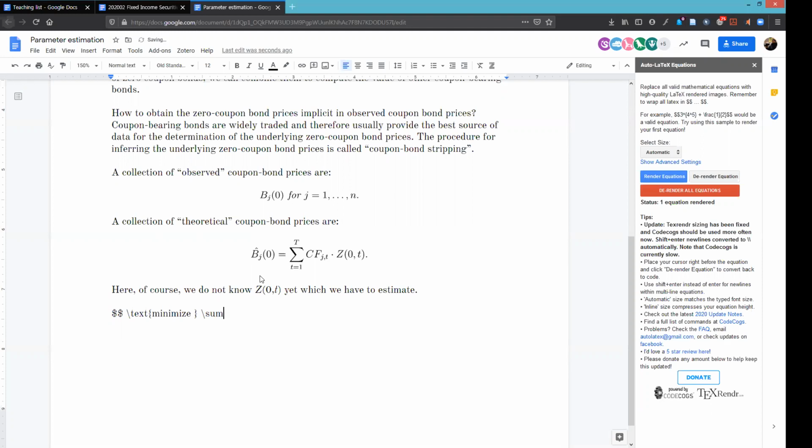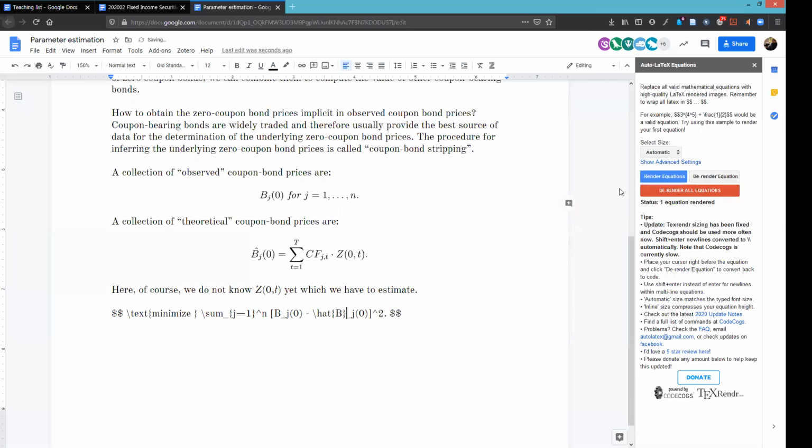So sum, again, from J equal to 1 to n, since we have n number of data. We minimize the squared distance between bj0 minus bj0 hat.